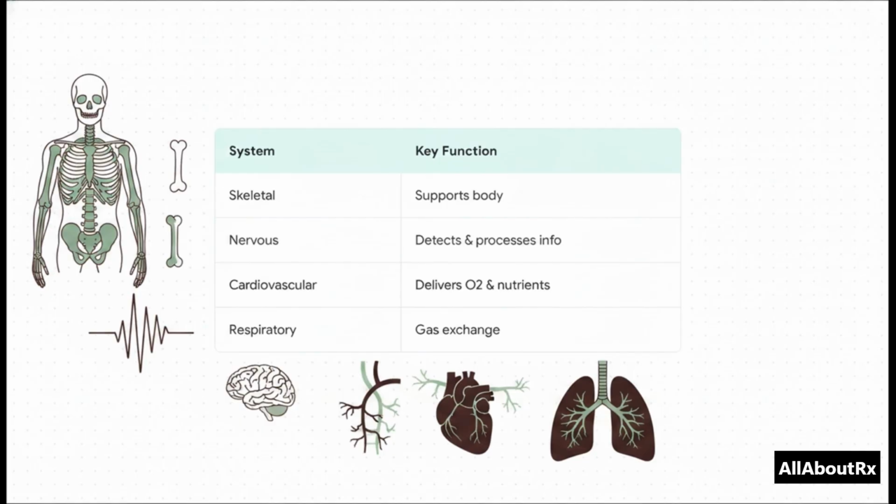It's intricately divided into an 80-bone axial central core, that's your skull, spine, and ribs, plus 126 appendicular bones making up your arms and legs. Meanwhile, your nervous system acts as the ultimate control center, processing sensory info. Your cardiovascular system is the tireless delivery network, pumping oxygen, and your respiratory system handles that absolutely vital gas exchange. Every single system has an incredibly specific, life-sustaining job.